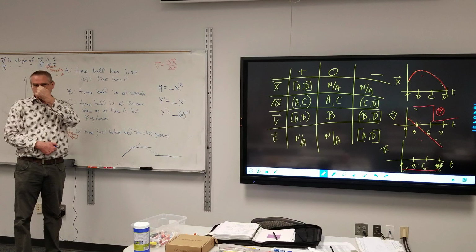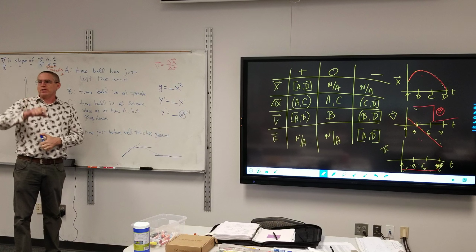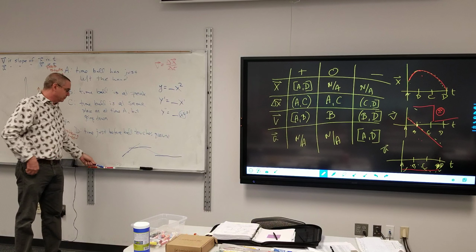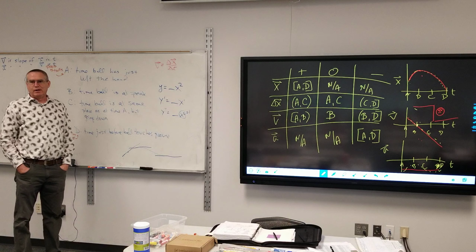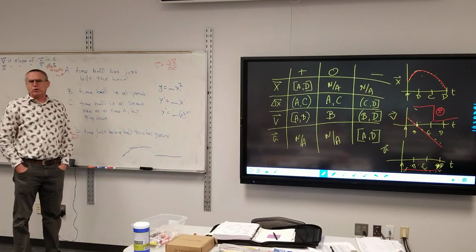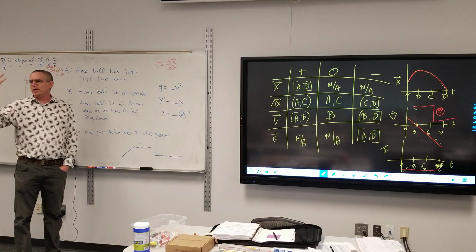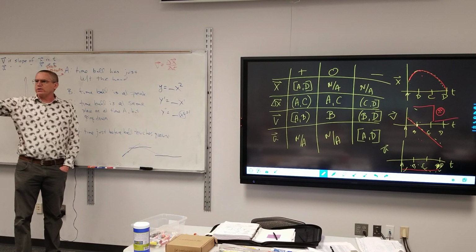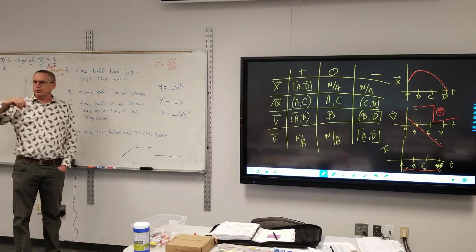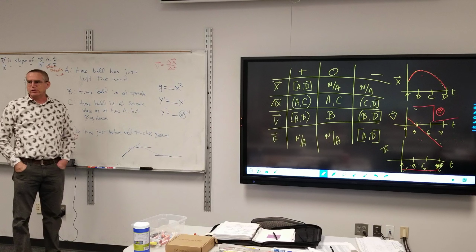We'll talk about it conceptually, and then I'll give the specifics of, oh, that just pops out here. And also, I've done in the past where I've given a graph, and I said if it's a position graph, where is its speed slowing down? And I gave the equation, so if you do calculus, you could use calculus if you wanted to, or you could just do it from the graph itself.